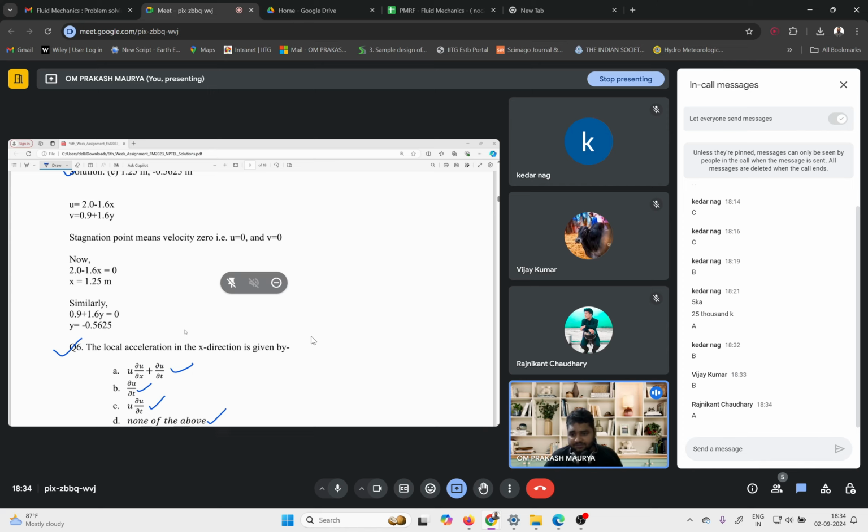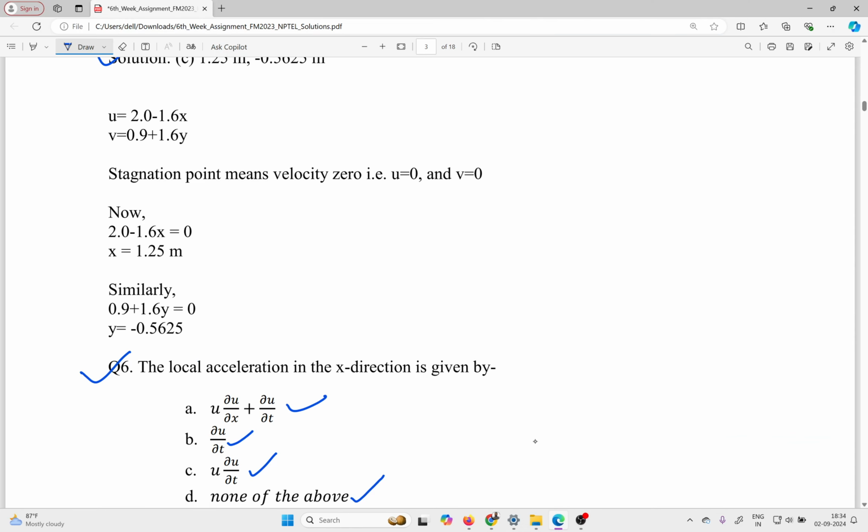Okay, let me just discuss. Here we are talking about the acceleration in case of fluid mechanics. In fluid mechanics, we derive the acceleration using the Lagrangian approach, which is Ax is equal to nothing but del u by del t plus u del u by del x plus v del u by del y plus w del u by del z.